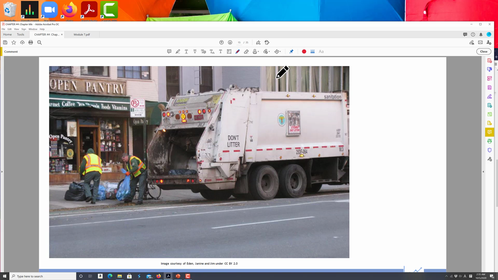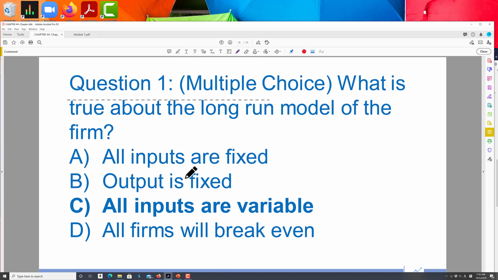There are two firms in Ames that specialize in waste management or recycling businesses. One is Chitty and the other is Waste Management Company. So they have a machine or capital input called a truck, and then they also hire a bunch of workers. Although this picture is not from Ames.